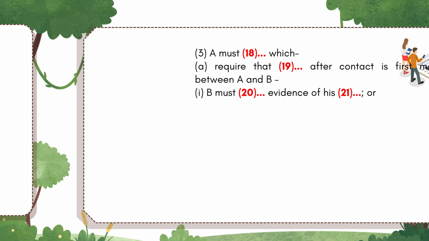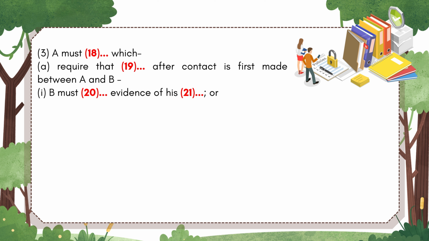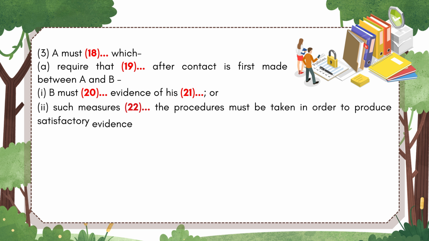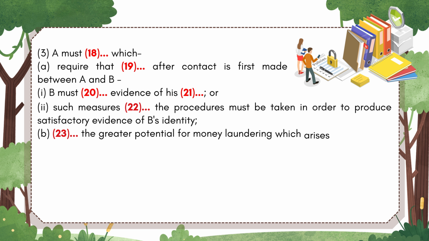3. A must maintain identification procedures which a. require that as soon as is reasonably practicable after contact is first made between A and B, B must produce satisfactory evidence of his identity, or such measures specified in the procedures must be taken in order to produce satisfactory evidence of B's identity. b.